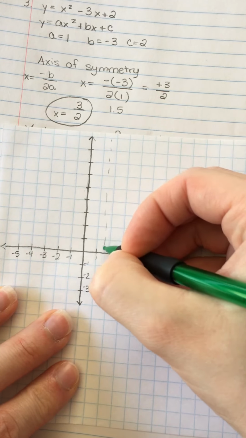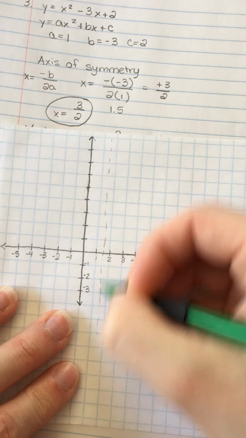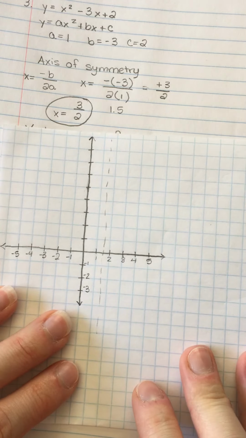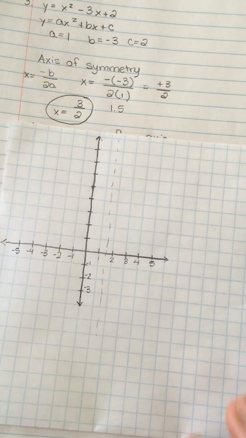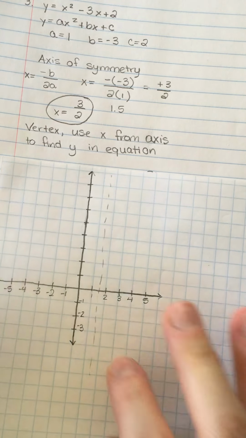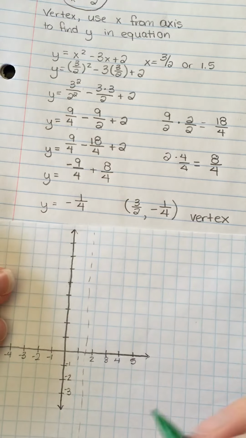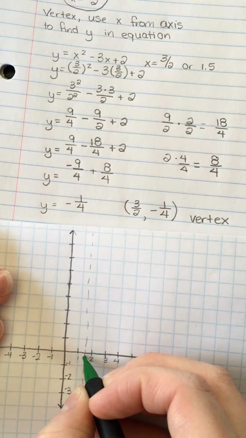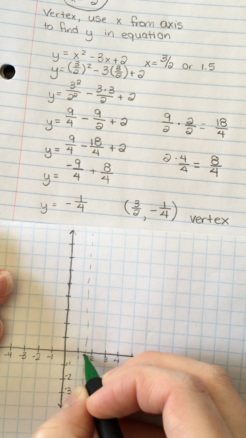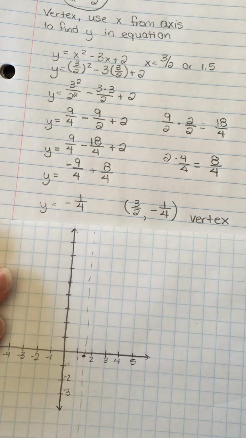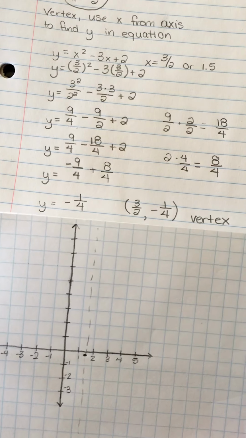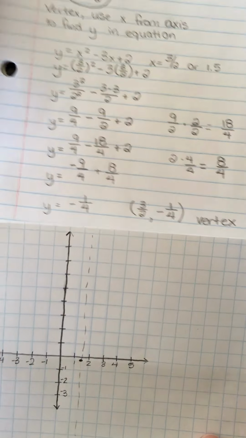So I'm drawing like a dashed line in the middle of that graph. That's my axis of symmetry. That's going to cut my parabola in half. And then I come down, my vertex is 3/2, negative 1/4. So that's going to be like here. We kind of have to estimate it.